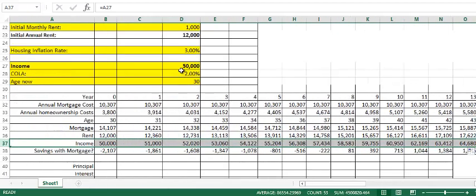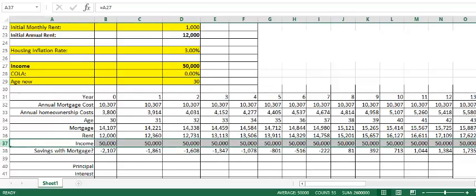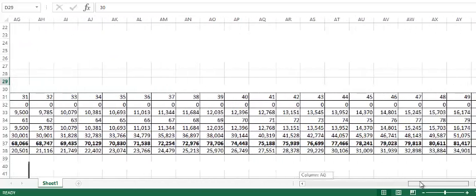Now, oftentimes it doesn't keep up with the housing inflation costs, which causes a lot of problems. So let's just say for fun, if this COLA was 0, put 0 in, press enter, and look what happens to the income. I'm just going to put that in bold. It stays at 50,000 each year. If the COLA was 1%, that's how much it increases.